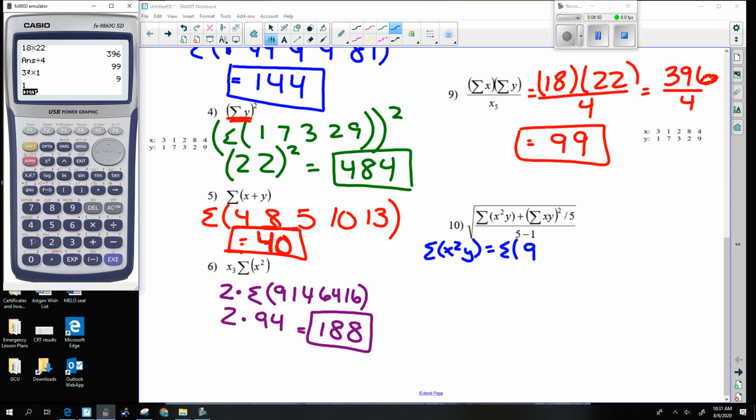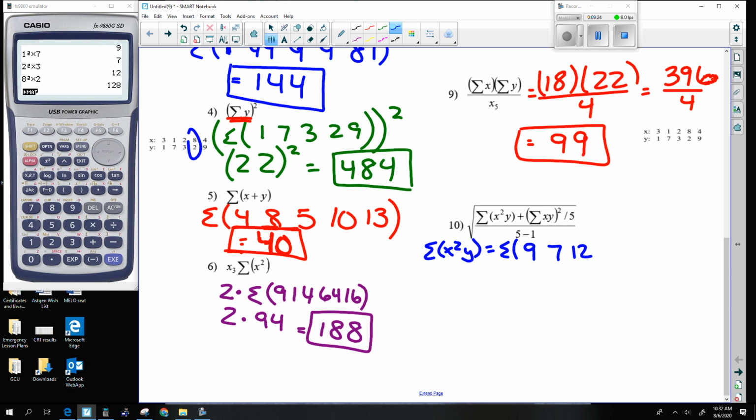Next one is x squared times y. The next one, x squared times y. X squared times y. And again, where I'm getting all of these numbers is the x and the y's. I'm just going through these number sets, taking one at a time. So that one was my fourth answer.